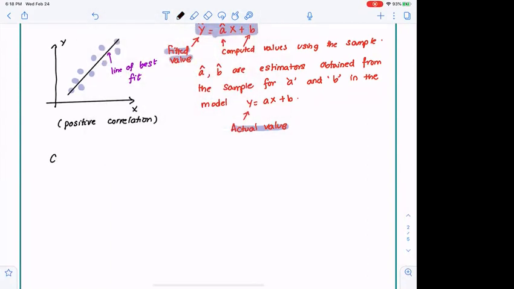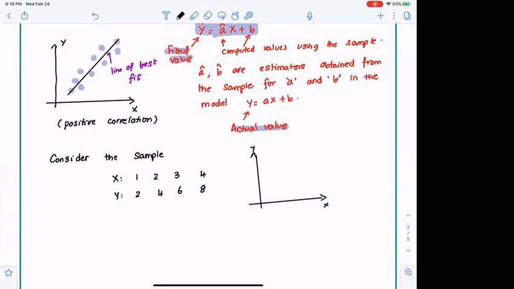Consider, so if you look at that data that I just created, the value of R is going to be 1.